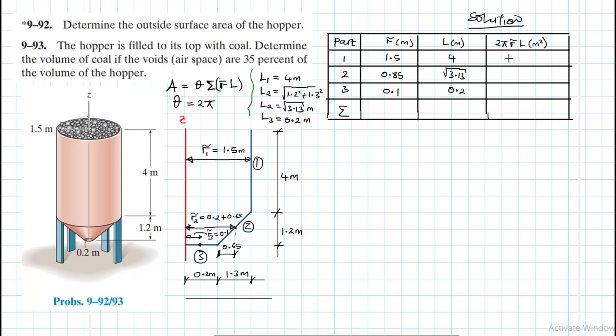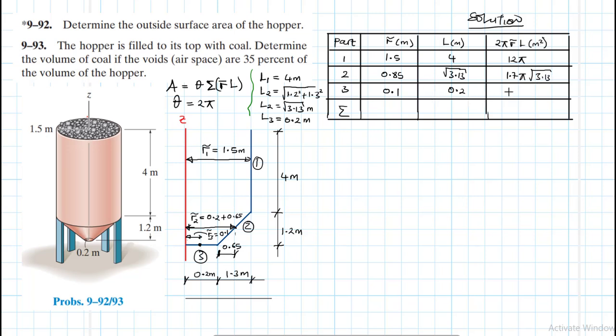Then we have the products. Let's get the products. When we do the multiplication, that's 1.5 by 4 by 2 pi. We have 12 pi. So we are using this one here on top, R by L by 2 pi. Then we do the multiplication for the second one. We are going to have 1.7 pi by root of 3.13.